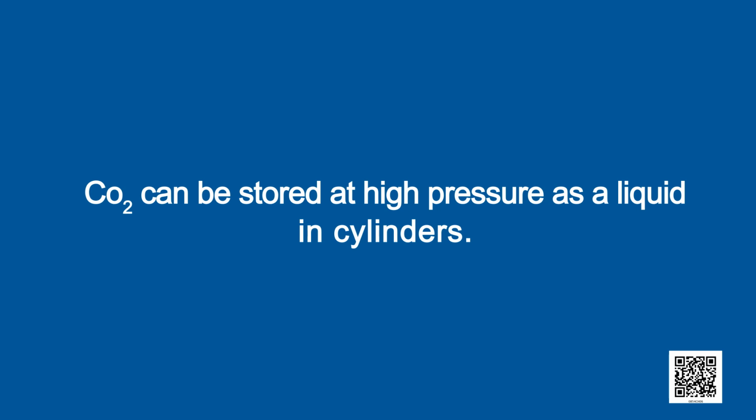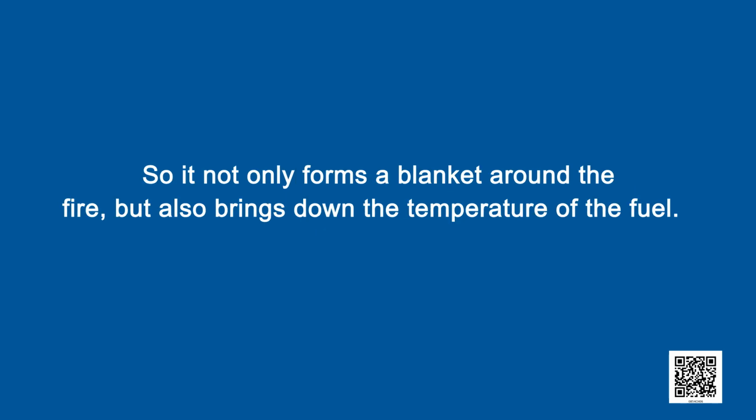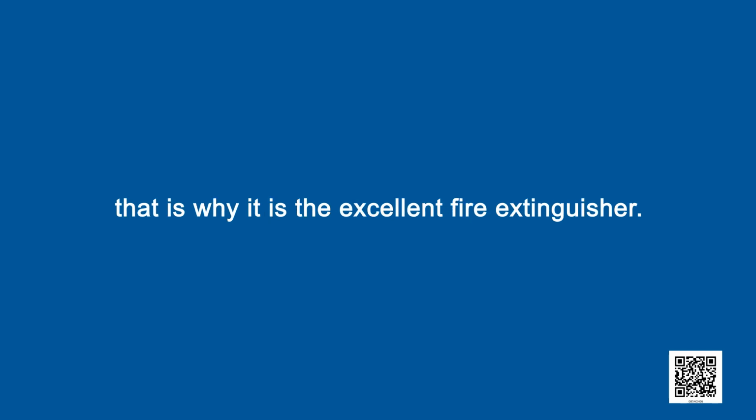When released from the cylinder, carbon dioxide expands enormously in volume and cools down. So, it not only forms a blanket around the fire, but also brings down the temperature of the fuel. That is why it is an excellent fire extinguisher.